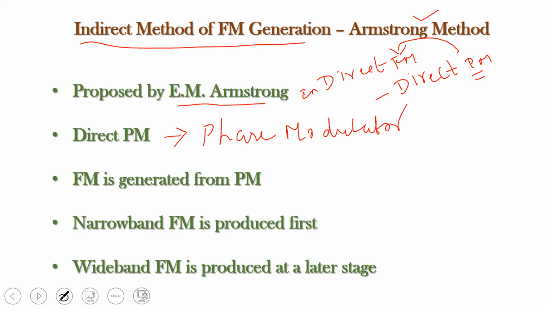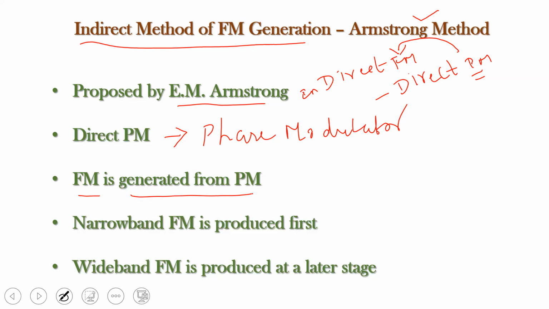So we are going to employ a phase modulated circuit, and it is otherwise called as direct phase modulation. And this FM signal is going to get generated from a phase modulated signal. So it is called FM is generated from PM.